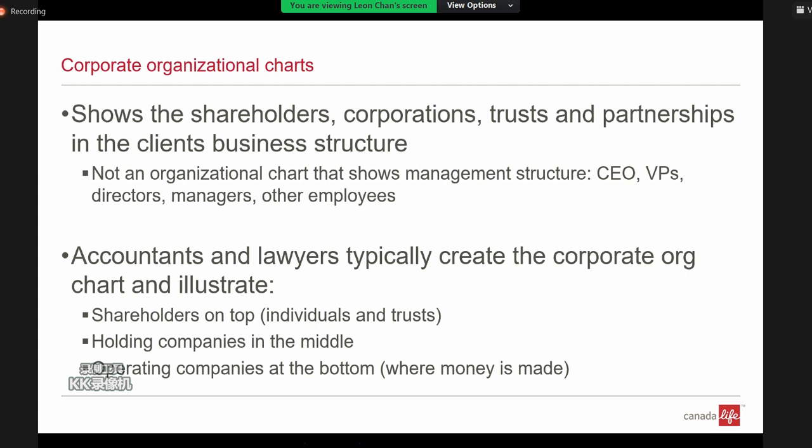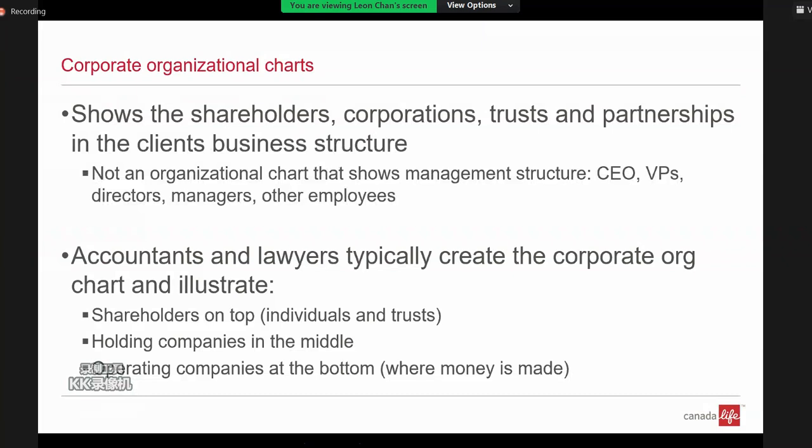So, first of all, a corporate org chart is a chart that shows the shareholders, corporations, trusts, and partnerships in the client's business structure. It's not an organizational chart that shows a management structure, such as who's the CEO, who's the VP, who's the director, managers, or other employees.